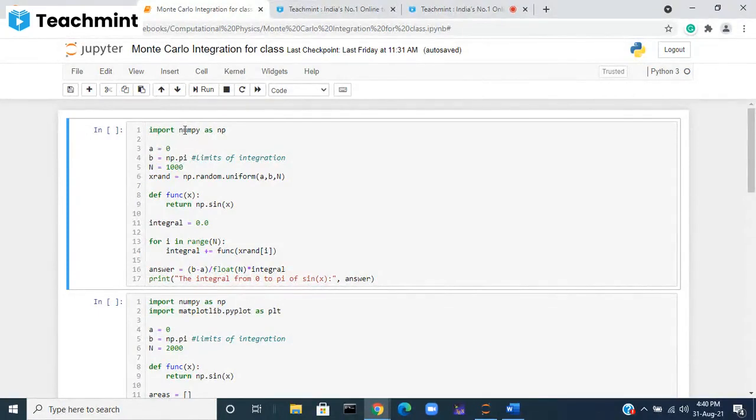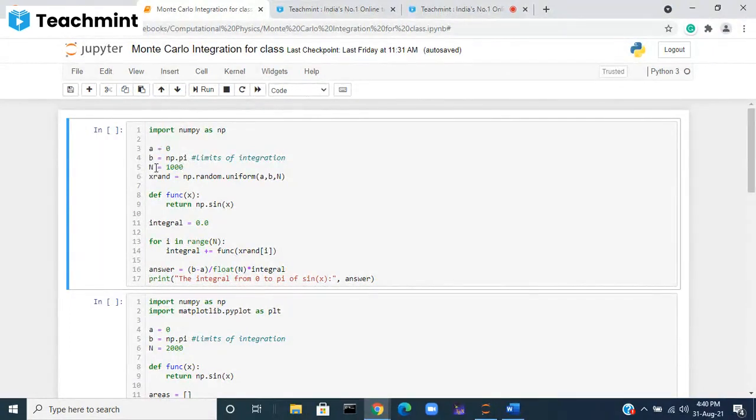We have imported numpy and represented it by np, so np dot pi will give us the constant pi which is defined in the numpy library. So the lower limit is 0 and the upper limit is pi.